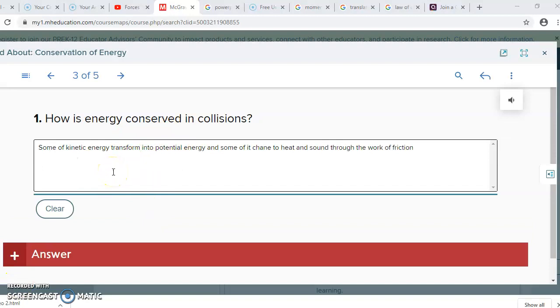The answer is energy is conserved in collisions because kinetic energy transforms into potential energy and some of it changes to heat and sound. So the total of kinetic energy, potential energy, heat and sound at each point is equal because of the law of conservation of energy.